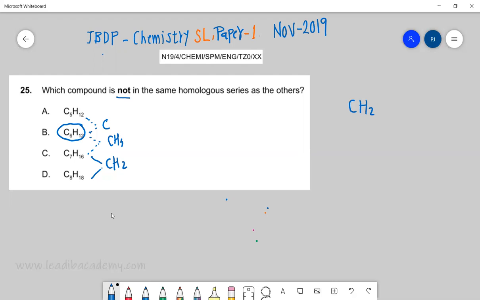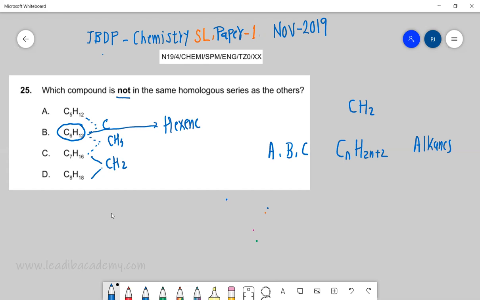And by the way, it can be easily seen that A, B, and C are alkanes because their formula is CnH2n plus 2. A is nothing but pentane, C is heptane, and D is octane. But B is nothing but an alkene, C6H12, so this is hexene.